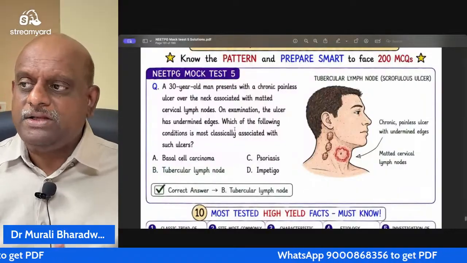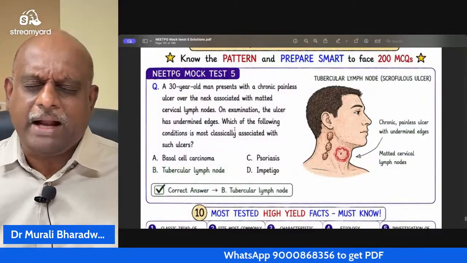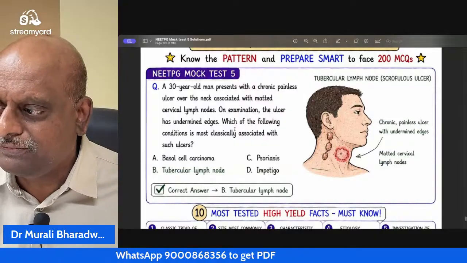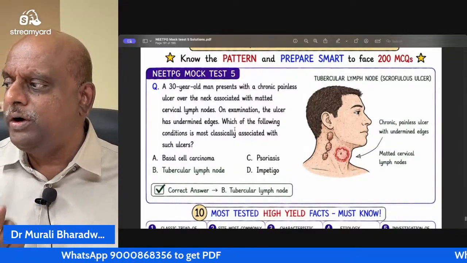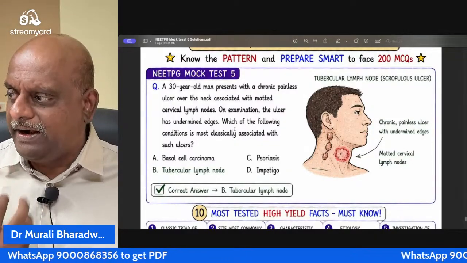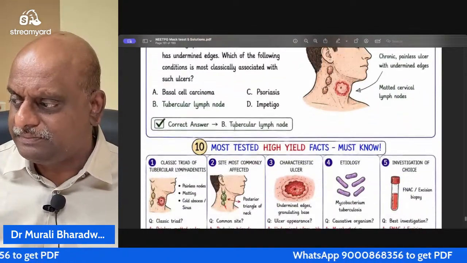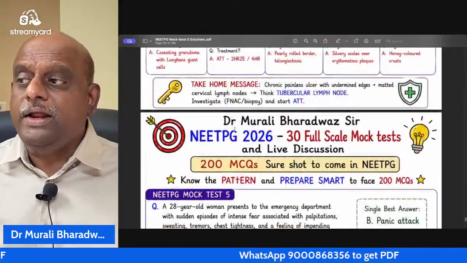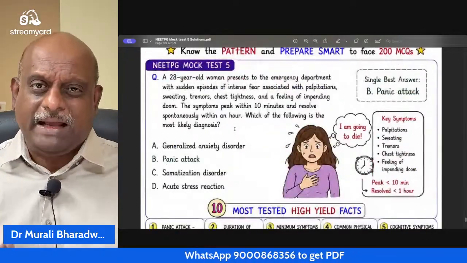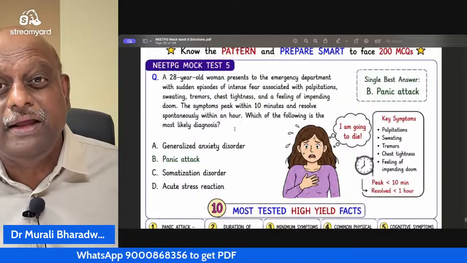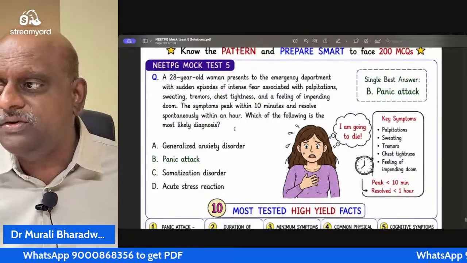Typically, chronic painless ulcer over the neck associated with matted cervical lymph nodes, you need to think of tubercular lymph node, chronic painless ulcer with undermined edges with matted cervical lymph nodes, classical presentation. A 28-year-old presents to the emergency with palpitations, sweating, tremors, and chest tightness. Feeling of impending doom is panic attack.